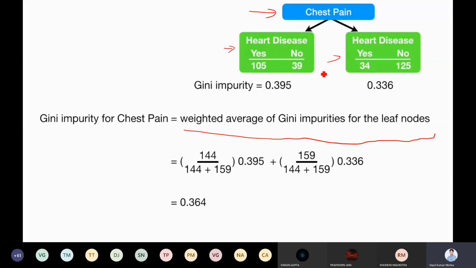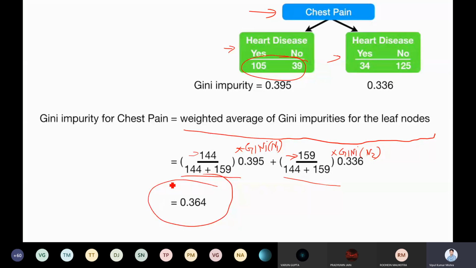The weight of this is 144 divided by total, the weight of this is 159 divided by total, and you multiply by the Gini score of node 1 and node 2. Once you do the weighted average, you get the Gini score for chest pain, which is 0.34.